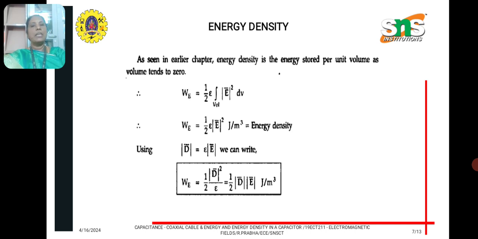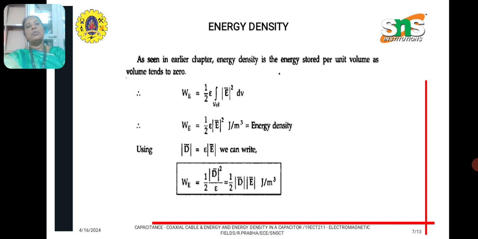Here we have taken the volume, so it is meter cube, and the D vector we can replace as epsilon E. So we can modify the previous expression. WE can be 1 by 2 modulus of D squared by epsilon, or 1 by 2 modulus of D vector times modulus of E vector joules per meter cube.